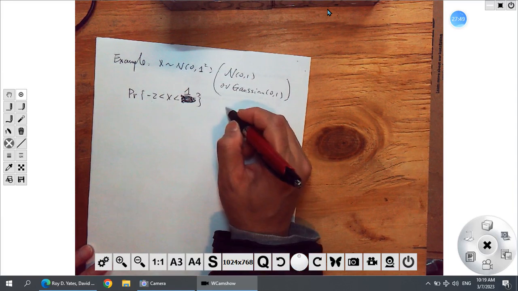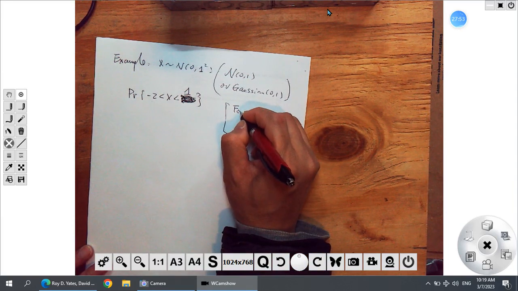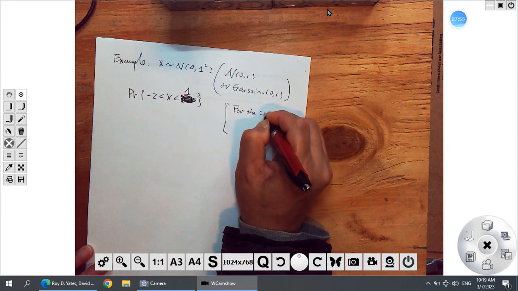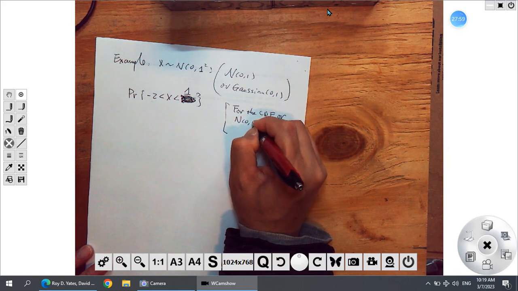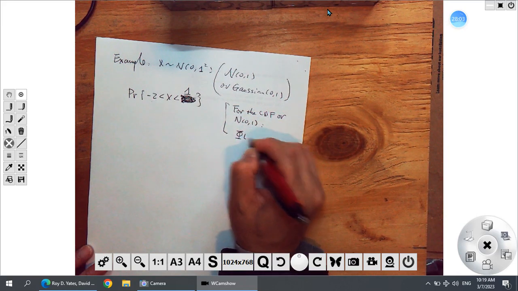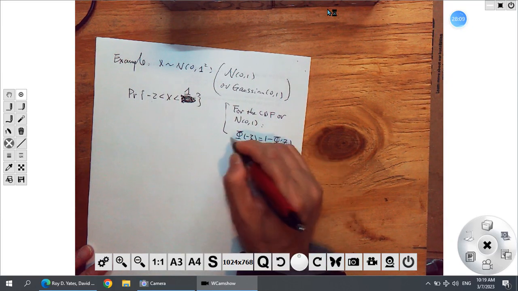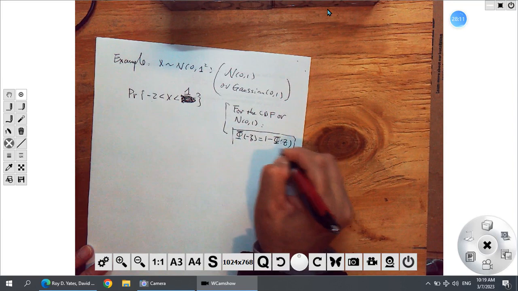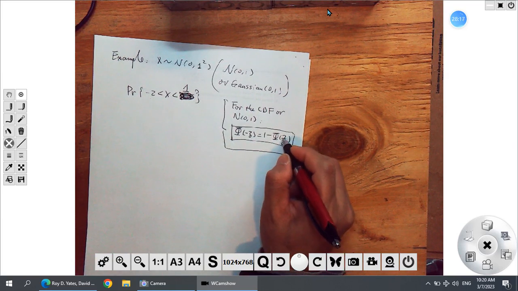Now, how to do it? Okay, we use this feature. For the CDF of N(0,1), this is phi. Phi of negative z is equal to 1 minus phi of z.